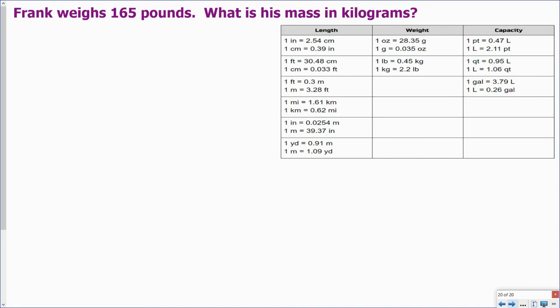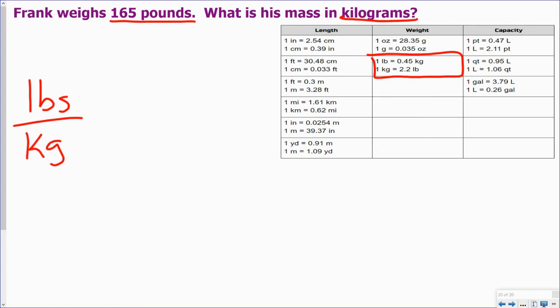Next one here. Frank weighs 165 pounds. What is his mass in kilograms? Again, here's my 165 pounds, and I'm converting it to kilograms. So when I look over here, I have my pounds and kilograms. So again, pounds to kilograms.